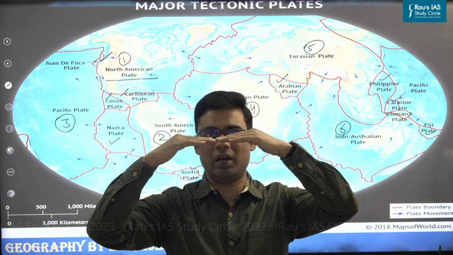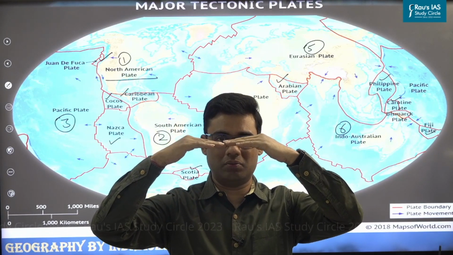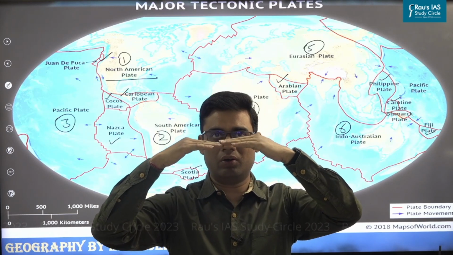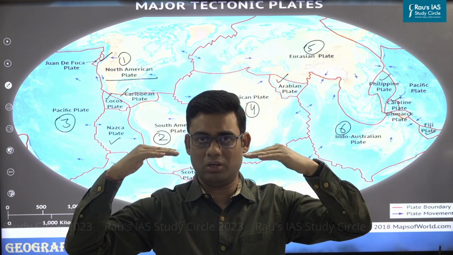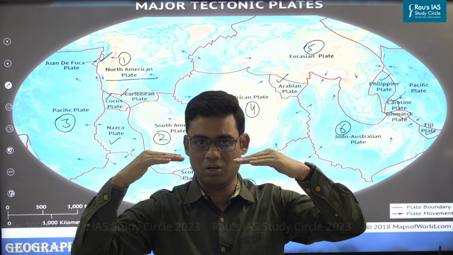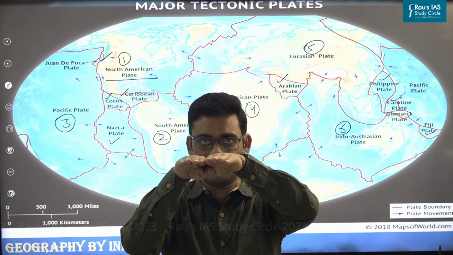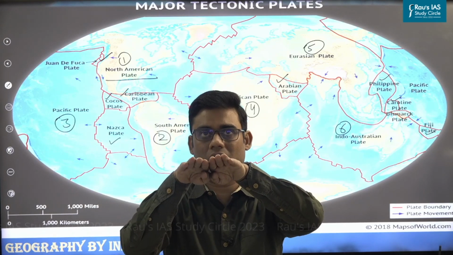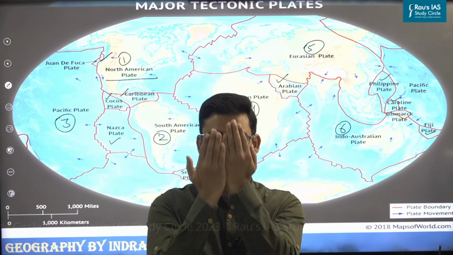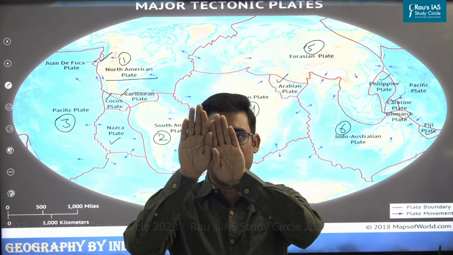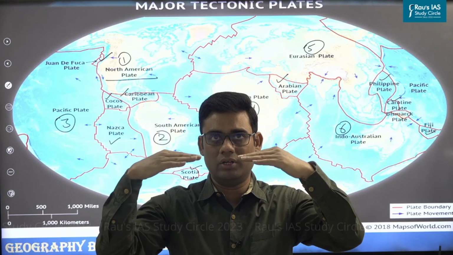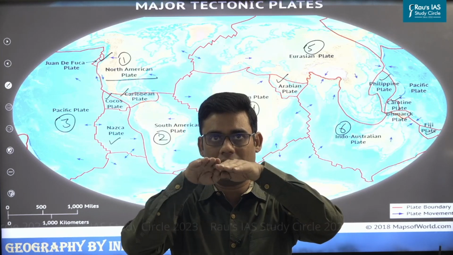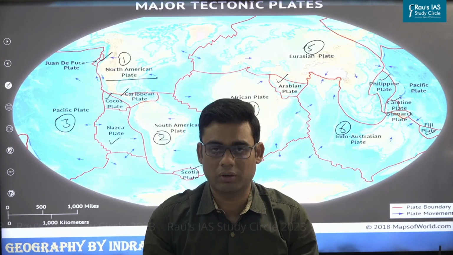They can interact by moving towards each other, which I'll call convergence, or by moving away from each other, which I'll call divergence, or they can rub against each other like this, which I'll call the transform plate boundary. So: convergence, divergence, and rubbing against each other, the transform plate boundary.